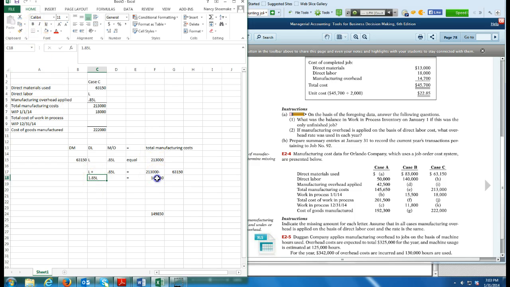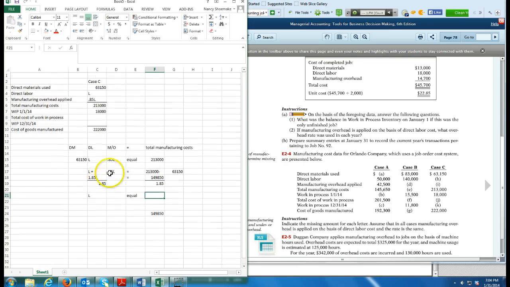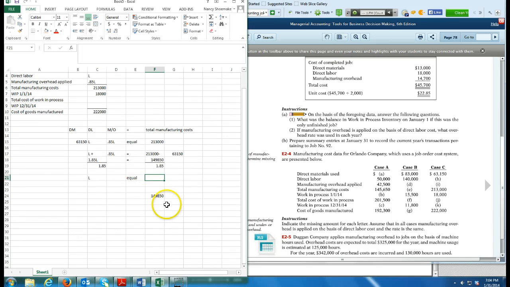Then we divide both sides by 1.85. Then L, or our labor cost, is going to equal 149,850 divided by 1.85, or 81,000, right?